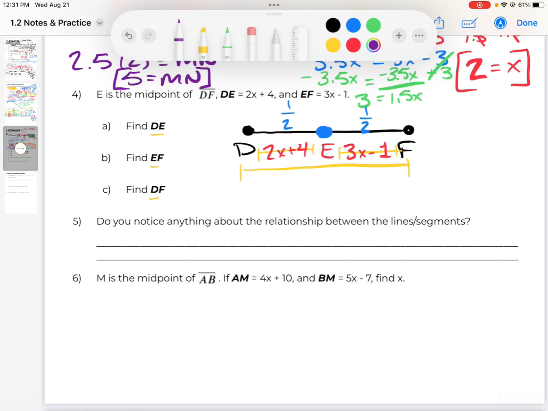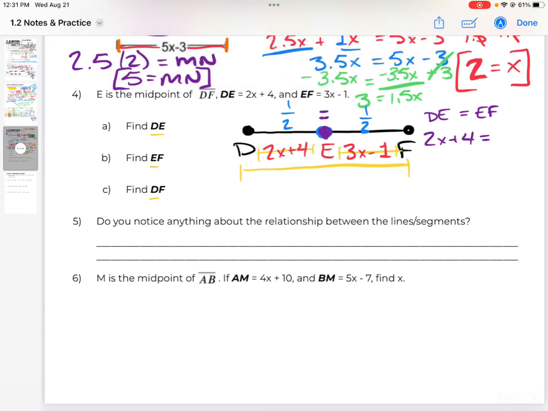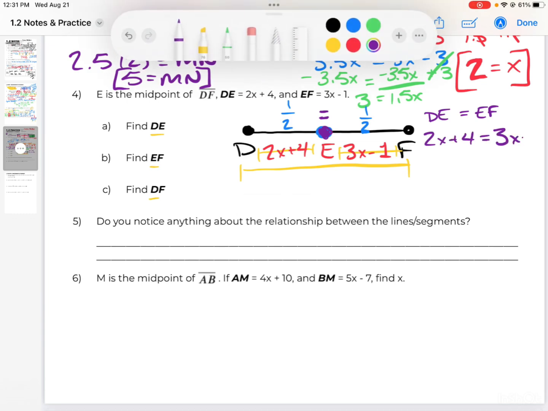Now, how can I solve for x? Well, I know that these two segments, D to E and E to F, are equal. DE equals EF because of the midpoint, okay? So that means I can take the expressions that represent them and set them equal to each other.